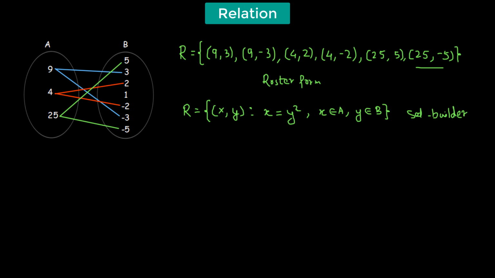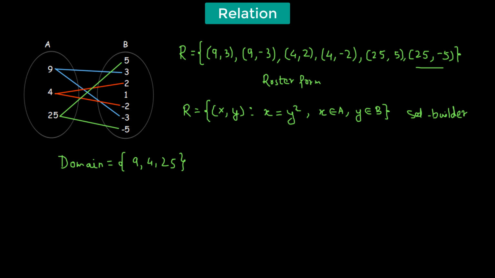Now that we have both the roster form and the set builder form, we can specify the domain. The domain is the set containing all the first elements, picked up from set A. So that is simply 9, 4 and 25.